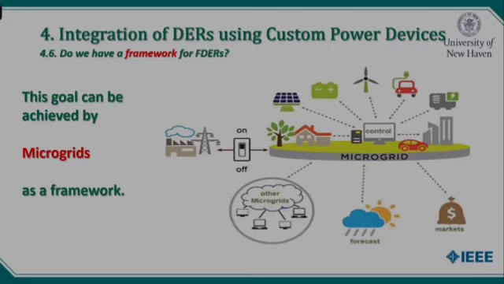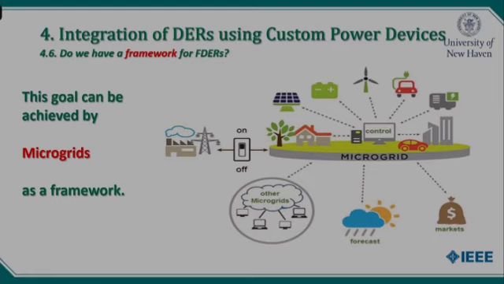Okay, but it was only a concept. Now we want to find a framework in order to realize the application or integration of flexible distributed energy resources. The best framework is the microgrid, the concept of microgrid, which is based on the main concept of smart grid.